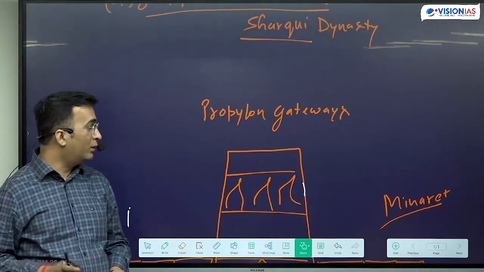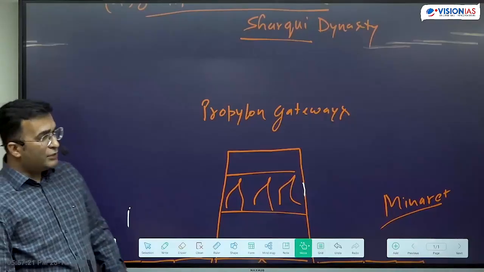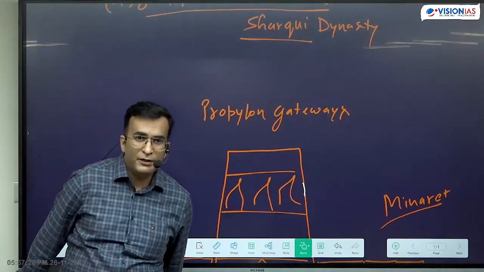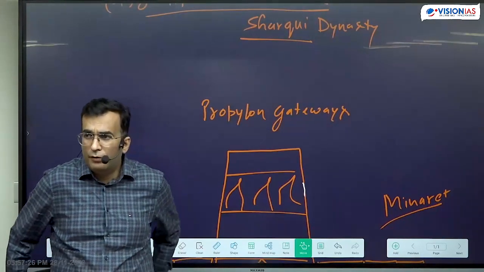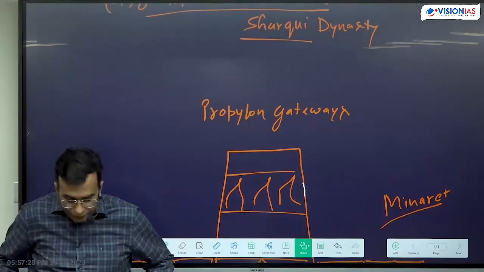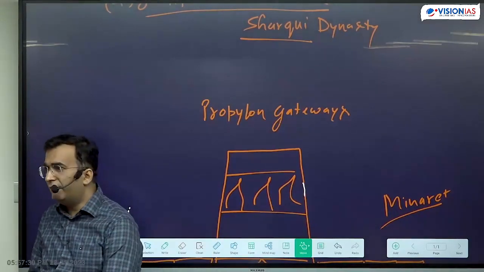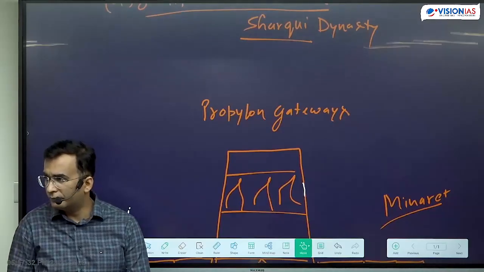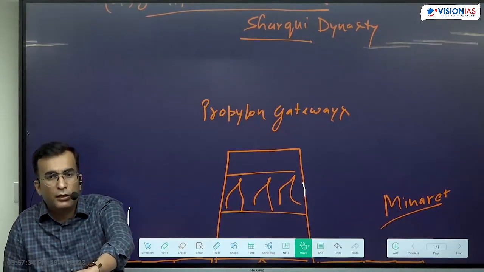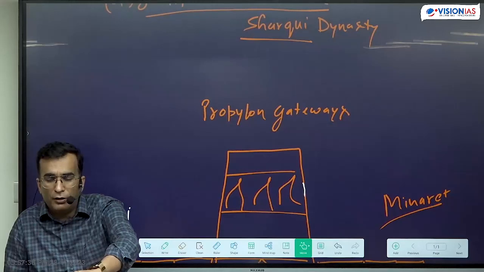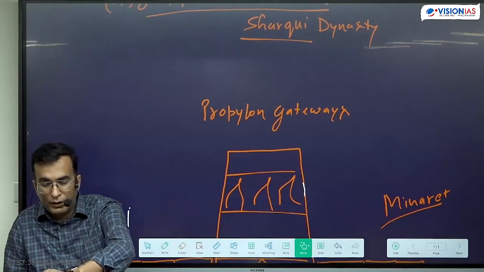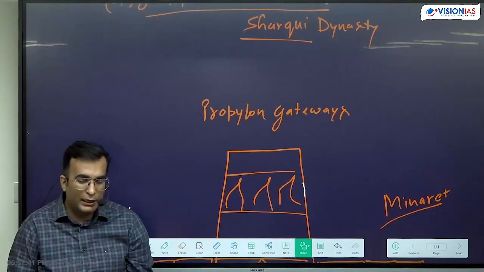Then mention, you write, the special feature of this area was development of huge propylon gateways. Huge propylon gateways.